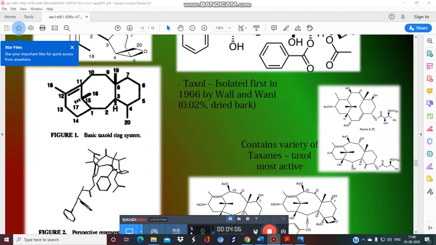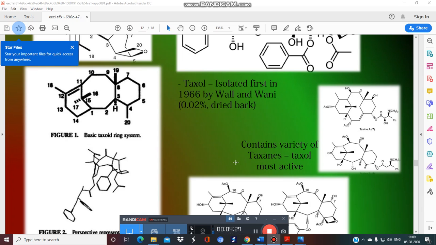And presently it is obtained from the stem bark of the Taxus brevifolia plant. And there is another problem, that this is a very slow growing plant. So just imagine, it needs at least three to four trees that are 60 years old to get 1 gram of Taxol.